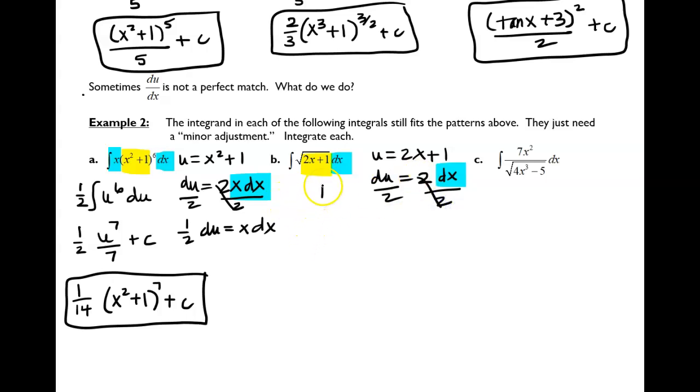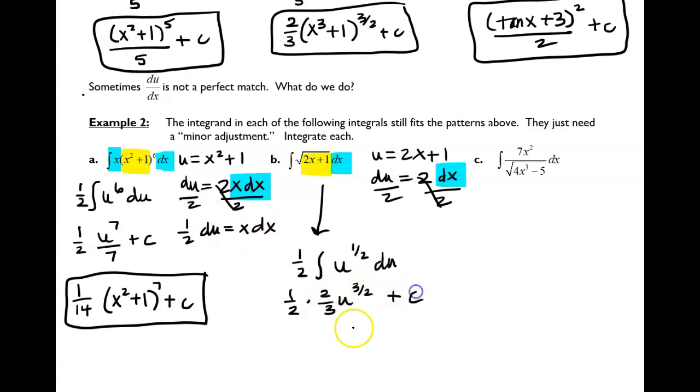So this integral will now become 1/2 the integral of u to the 1/2 du. Take my antiderivative, 1/2 times u to the 3/2 divided by 3/2 or multiplied by 2/3, plus c. Final step is to plug your u back in. So the 2's cancel out here. I have 1/3 (2x plus 1) to the 3/2 plus c.